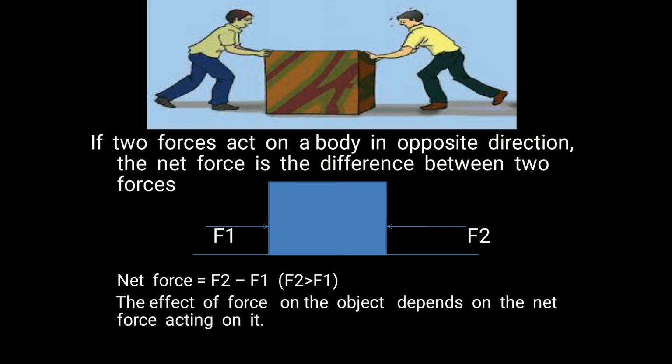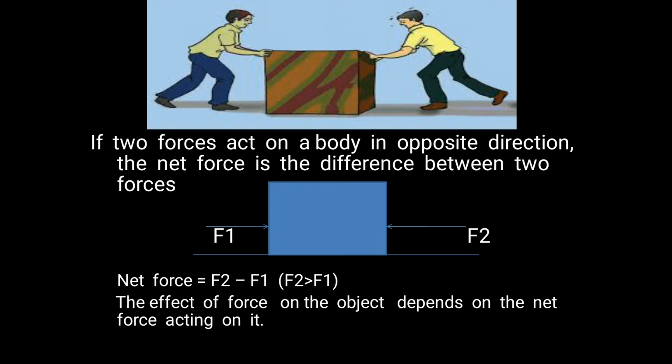Then here two boys push the box in opposite directions. So the heavy box moves in the direction in which a larger force is applied. If two forces act on a body in opposite directions, the net force is the difference between the two forces.